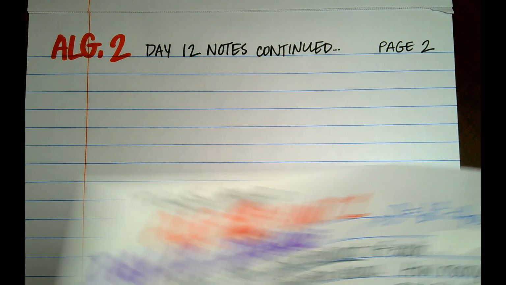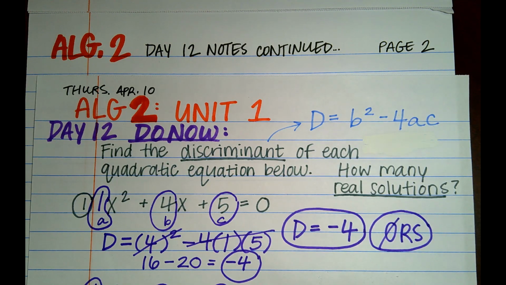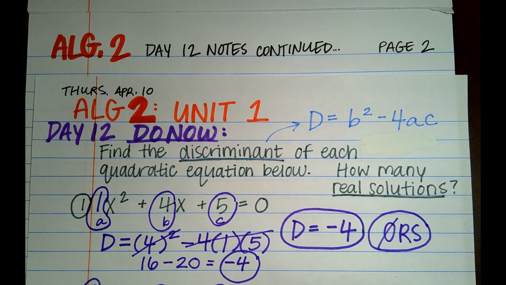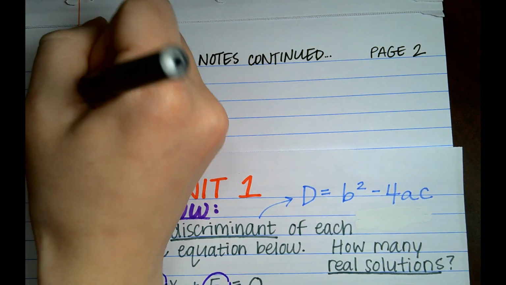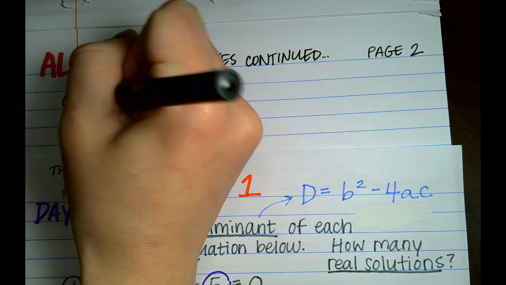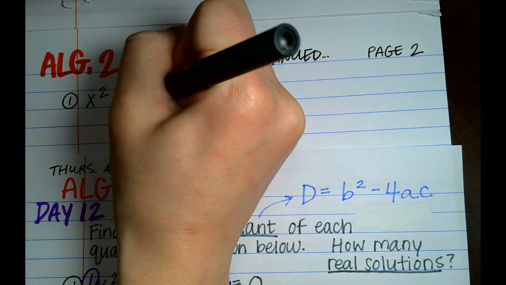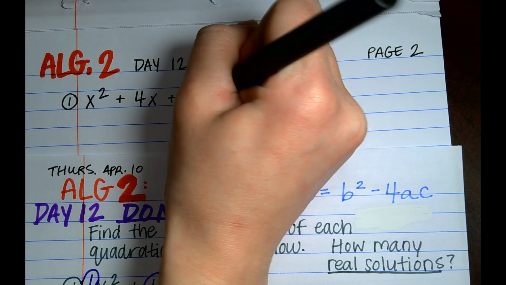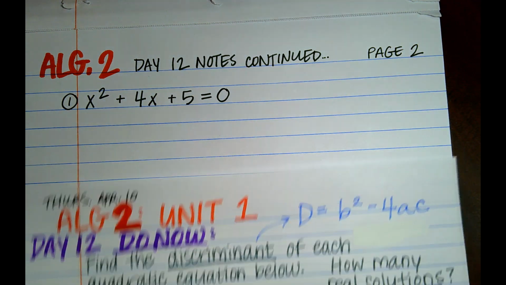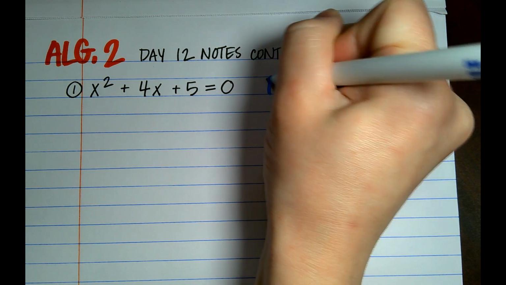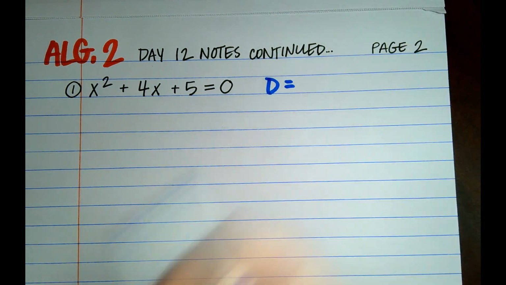So let's start by looking at our number 1. I'm just going to rewrite the problem and then copy down our discriminant. So number 1, we had x squared plus 4x plus 5 equals 0. And we found that our discriminant is negative 4.